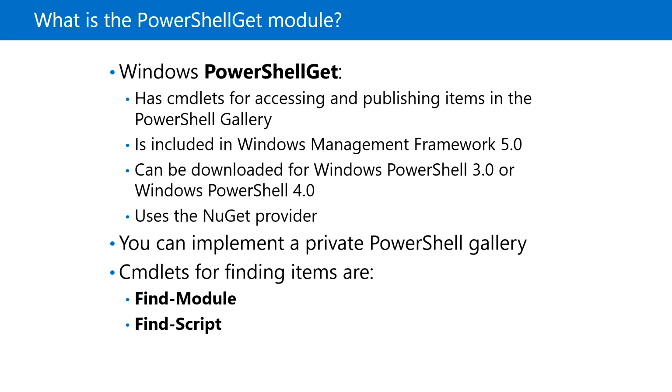And the following are a couple of commands that can be used most often in the PowerShell gallery, which are Find-Module and Find-Script. The Find-Module commandlet is used to search for Windows PowerShell modules in the PowerShell gallery, and Find-Script can be used to search for any PowerShell script in the PowerShell gallery.